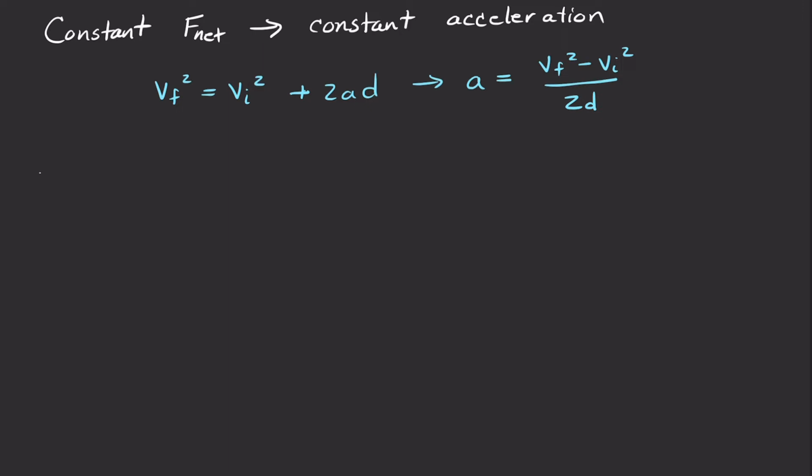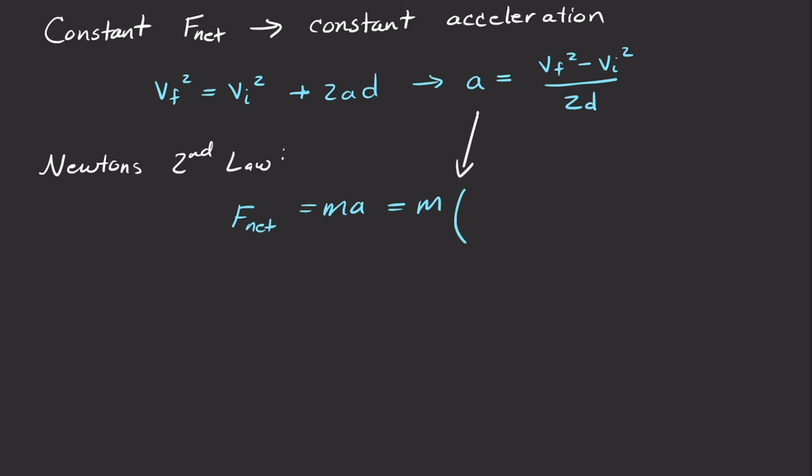So now if we look at Newton's second law, it says that F net, the net force on an object, is going to produce an acceleration, so mass times acceleration. So now we can plug this in for acceleration. So we get vf squared minus vi squared over 2 times the displacement.